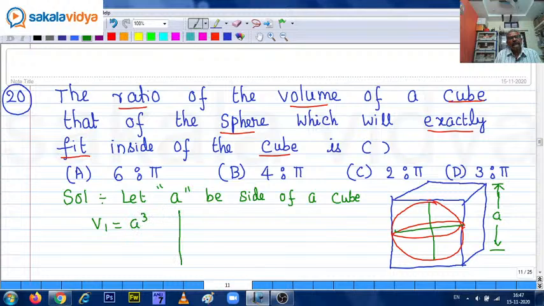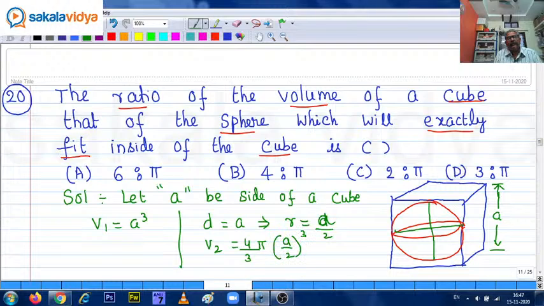Now A becomes the diameter, D is equal to A. The radius R will be half, D by 2, so R is equal to A by 2. Now the volume of the sphere V2 is equal to 4 by 3 pi r cube. Pi r cube means A by 2 whole cube.